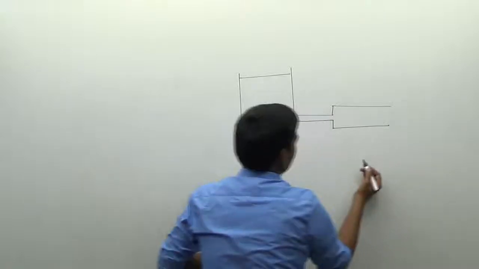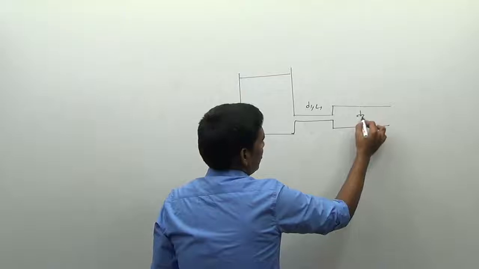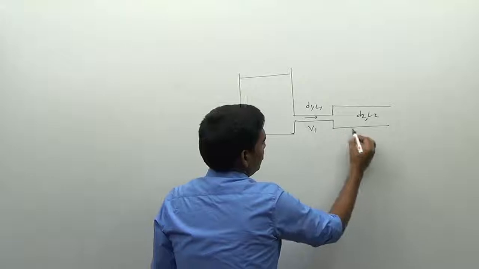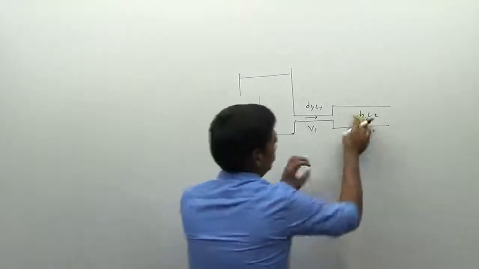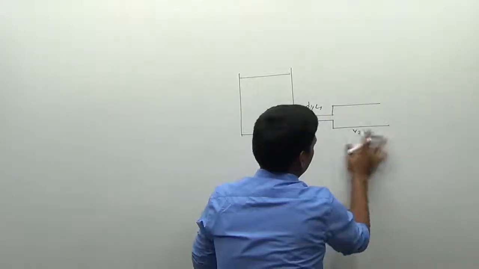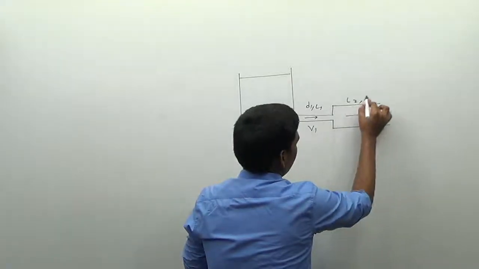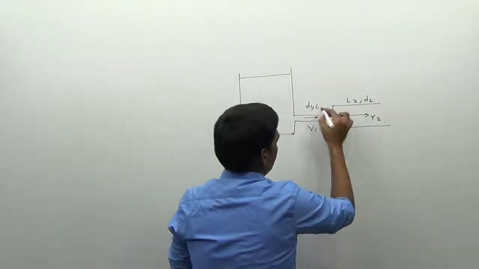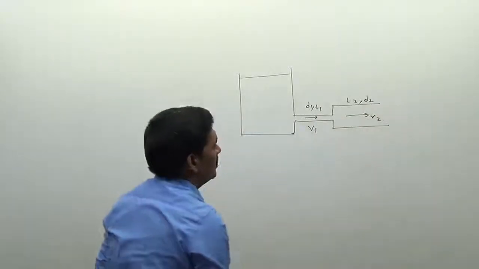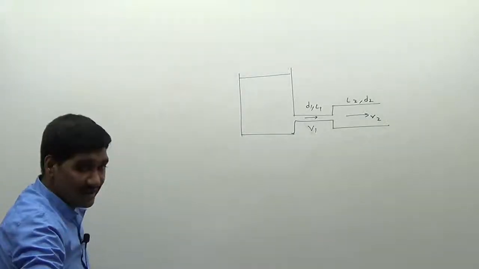It has a diameter D1 and length L1, then a diameter D2 and length L2. It has a velocity V1 and a velocity V2 here. Velocity V2, length L2, diameter D2 here. Okay. Now how can we determine the rate of flow here?